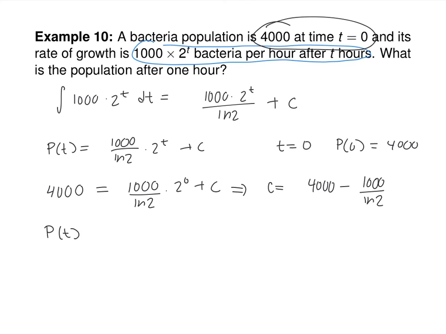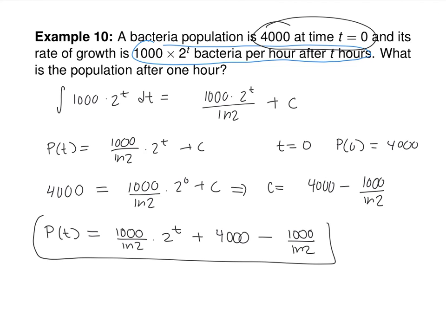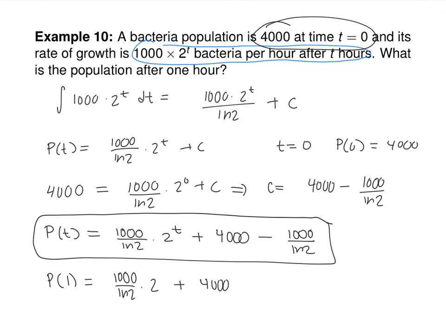P of t is 1,000 over ln 2 times 2 to the t plus weirdness. Okay, so that's your population at any time. How could you figure out after one hour? Plug in 1 for t, yep. So that will be 1,000 over ln of 2 times 2 plus 4,000 minus 1,000 over ln of 2.